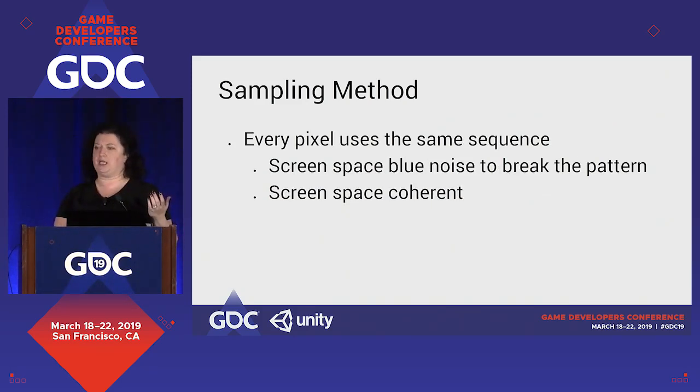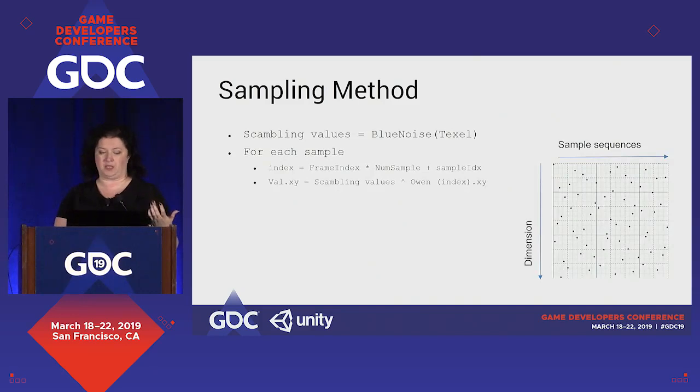Each pixel uses an identical sequence, which is stored in a texture, and we use a screen space blue noise to break up the pattern. It ends up being coherent in screen space, and here is an example, kind of pseudocode. We generate a ray direction using the X sample in one direction, that's the first row that you see, to get one sample, and then we use the second row in the Y direction for the second sample. This allows us to use 2 dimensions everywhere, except for the special case of area light where we use 3 dimensions.